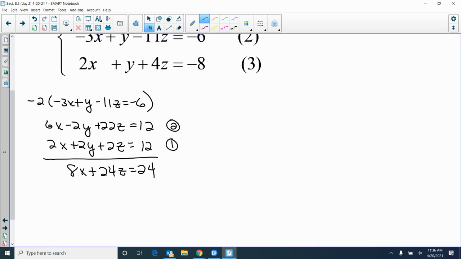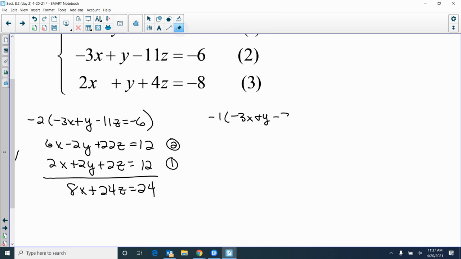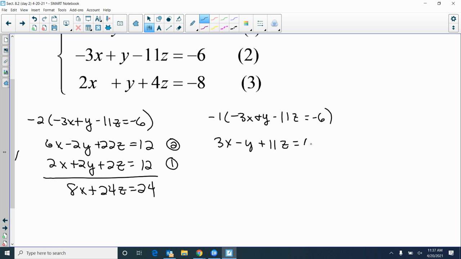Now you got to take either 2 and 3 or 1 and 3 and get rid of y. Again, I'm going to assume we want to use 2 and 3 because you just need to make one of them a negative. So I'm going to multiply equation 2 by -1. Minus 11z equals -6. And so that gives me 3x minus y plus 11z equals +6.